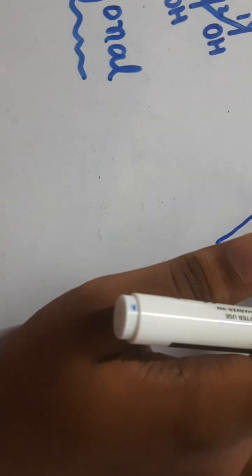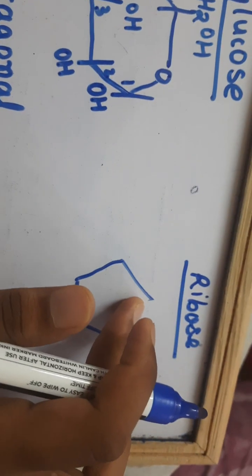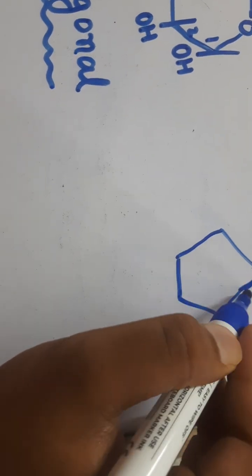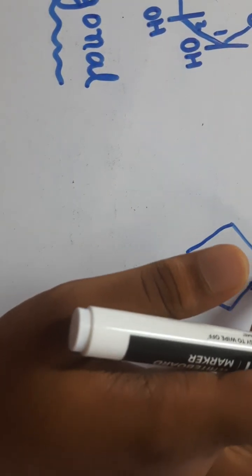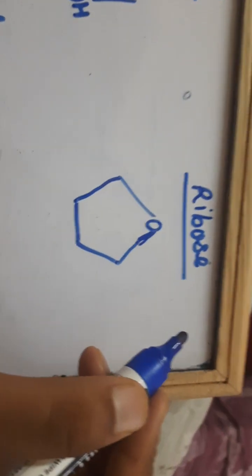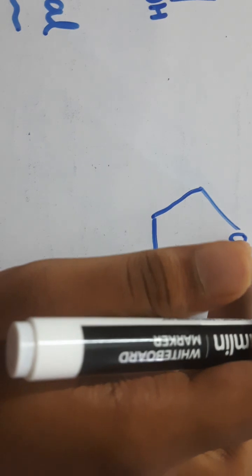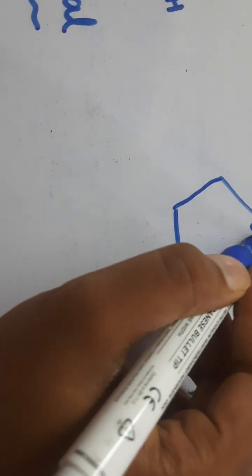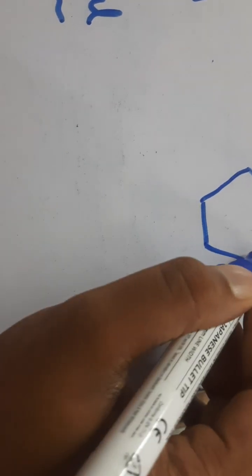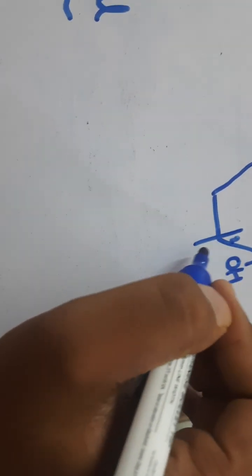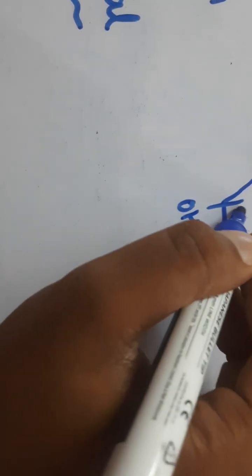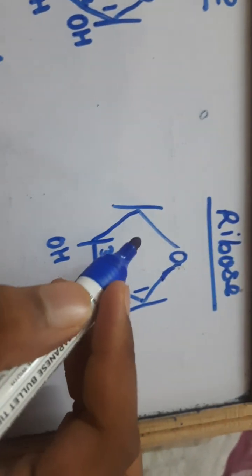From the top, just erase a small portion and write O there. And label the carbons 1, 2, 3, 4.